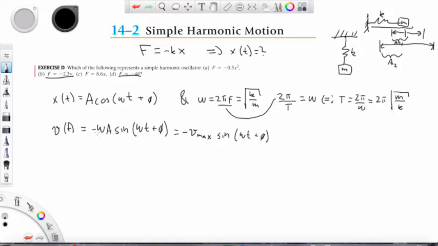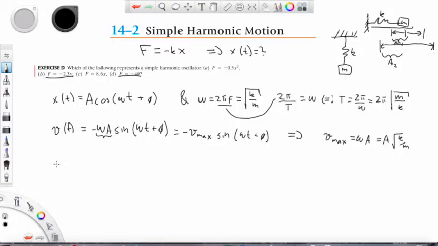So in our case, this would be the V max. The maximum velocity of the mass at any given time will be omega A, and omega can be written as square root of k over m, so we can write A times square root of k over m.